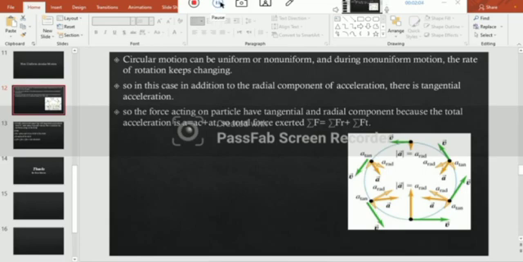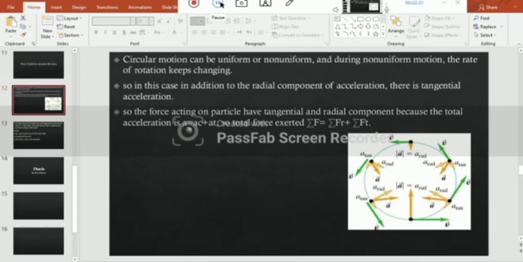As an example of that, if there is a car moving in a circular path but changing its velocity, at first it starts to move in the circular path at 5 meters per second. After 3 seconds, it changes the velocity and it becomes 7 meters per second, and it also changes its direction.